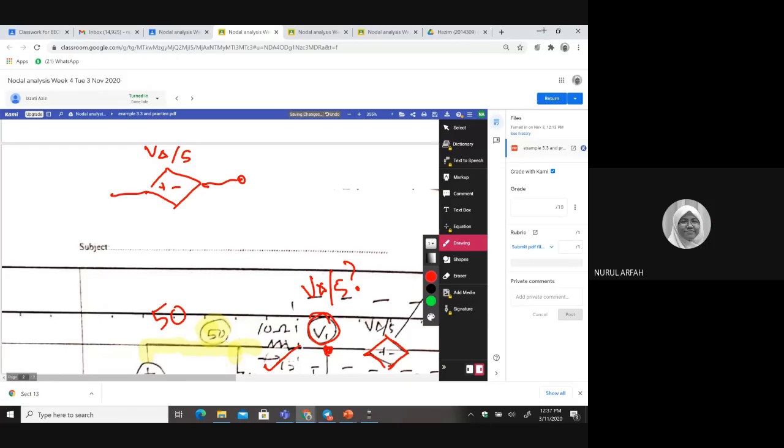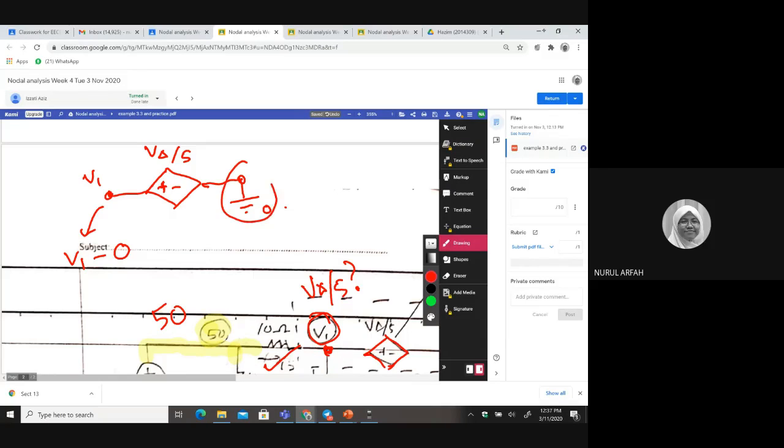Because this dependent source is not attached to the ground, right? If you put this one as V1 and do the calculation, V1 is higher in polarity, minus the low polarity.